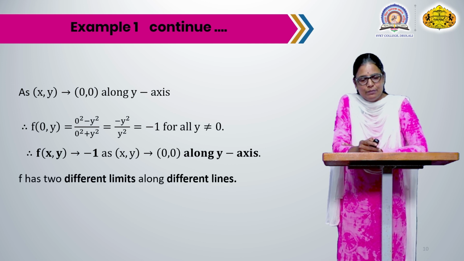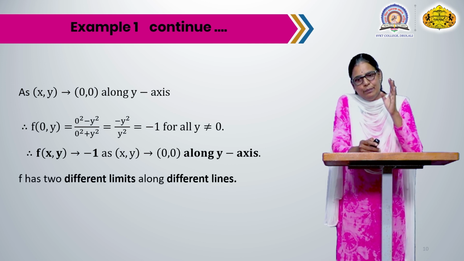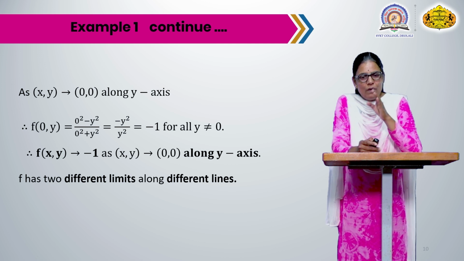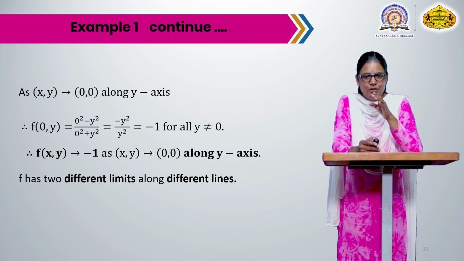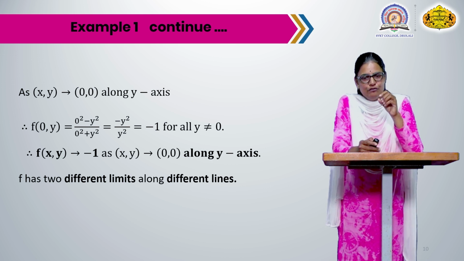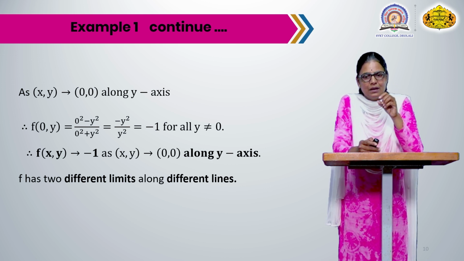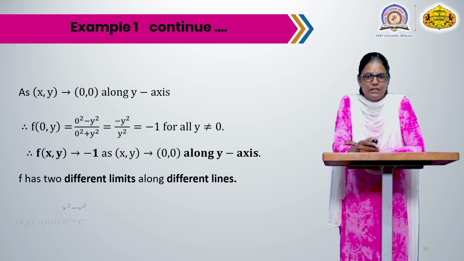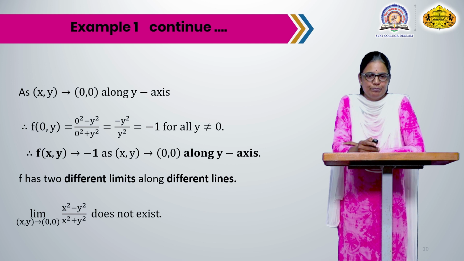So if you remember, the limit of the given function along the x-axis is +1 and along the y-axis it is −1. So the limit of the given function along different paths has different values, and so we say that the limit of the given function does not exist.